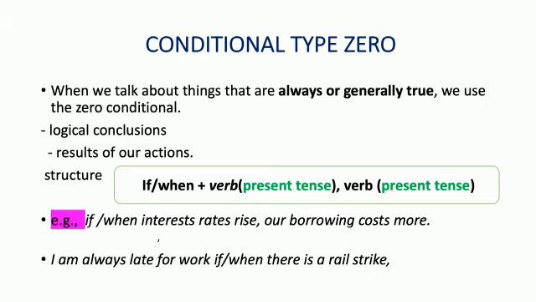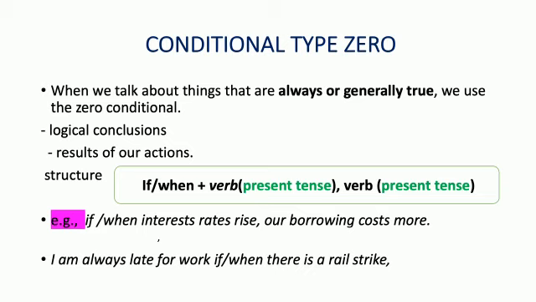Next, we have conditional type 0, which we use when we talk about general truth, logical conclusions, for example results of our actions, etc. These are in general a general truth.